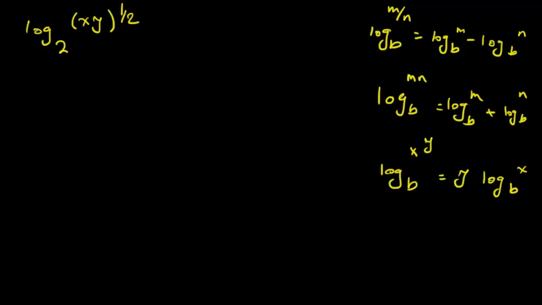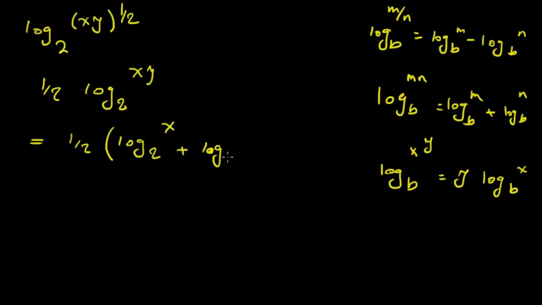We start with 1/2, we bring it up front, 1/2 log 2 of xy. So we'll have 1/2, because this is the multiplication of the whole thing, we put it into parentheses, and then we'll have log 2 of x plus log 2 of y.